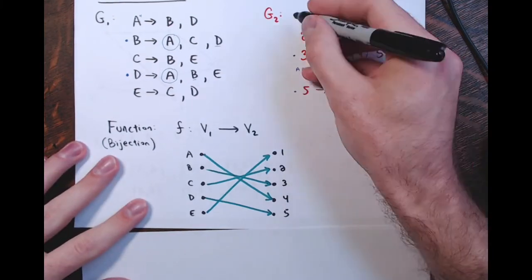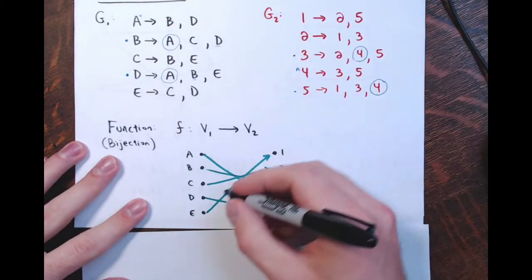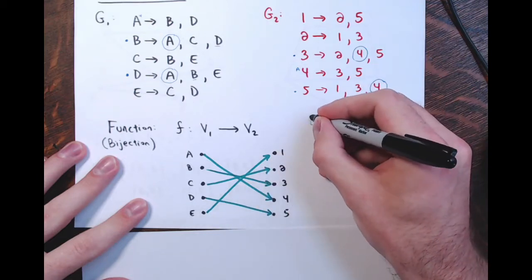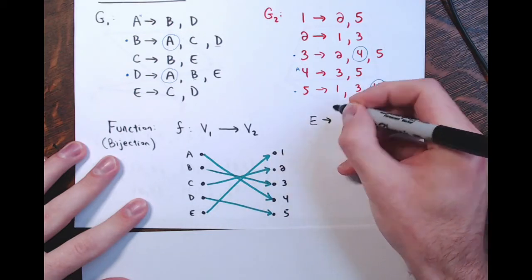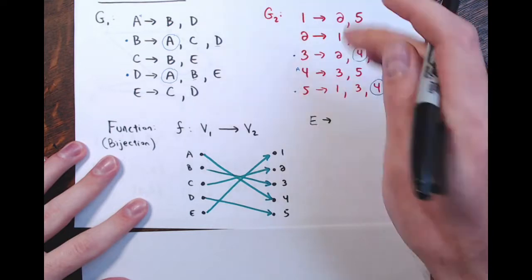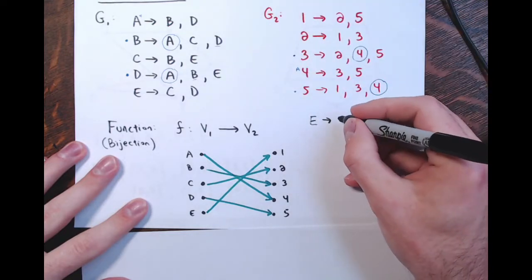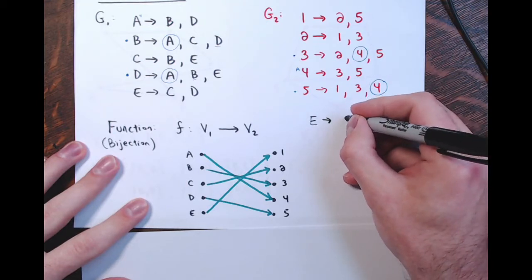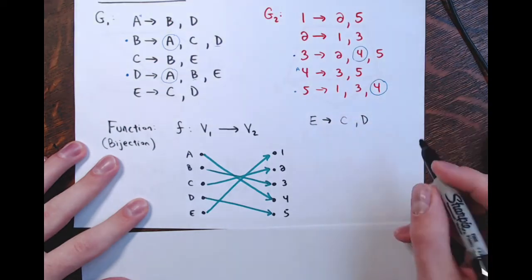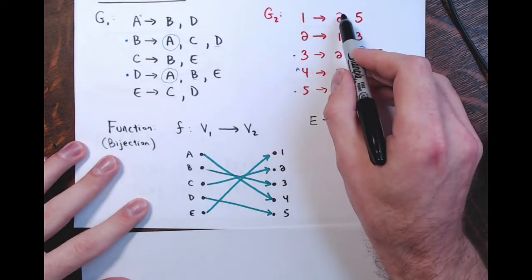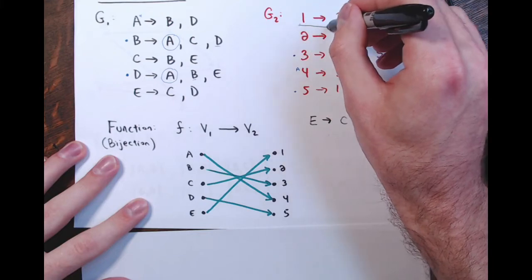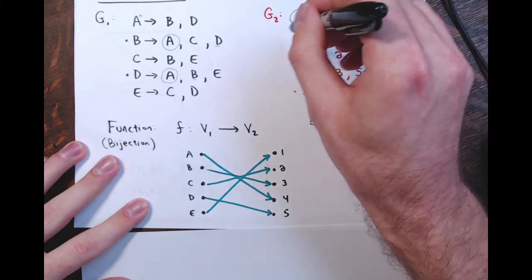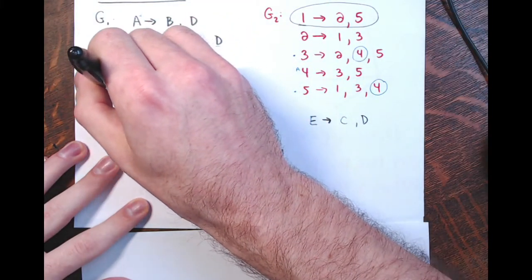So 1 I said was E. So say I relabeled these all A, B, C, D, and E. And then 2 was C, and 5 was D. So C, D. And you see how now this first row here corresponds exactly to this row here, right?